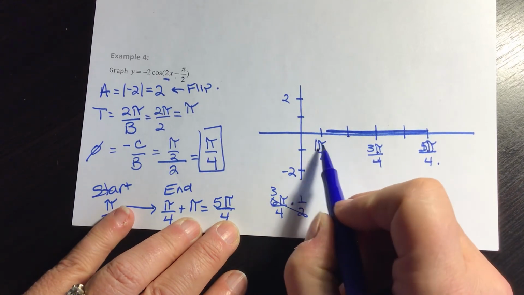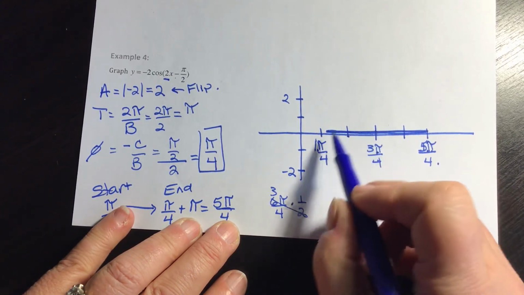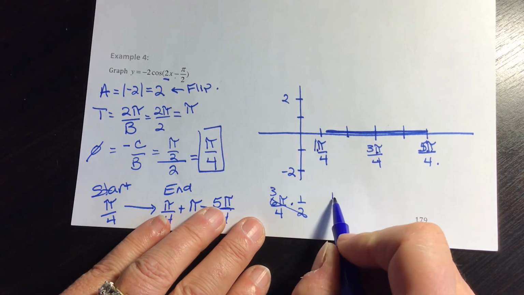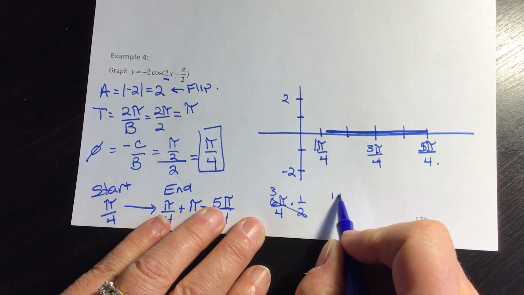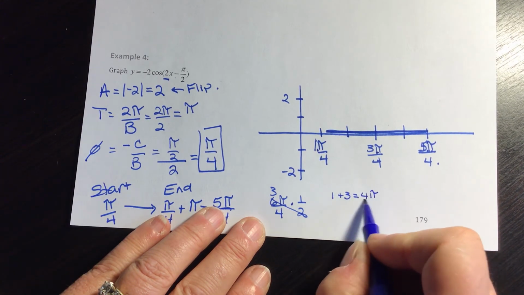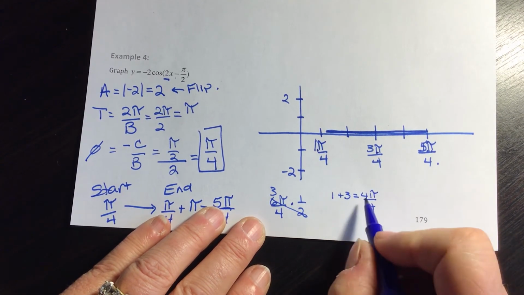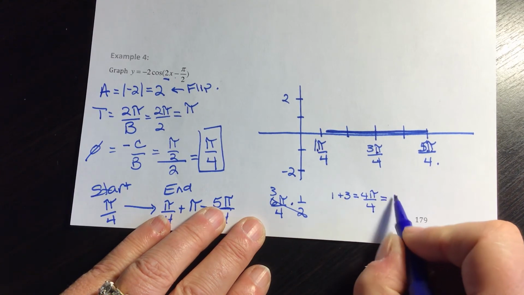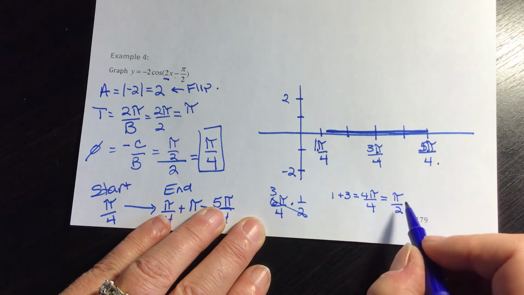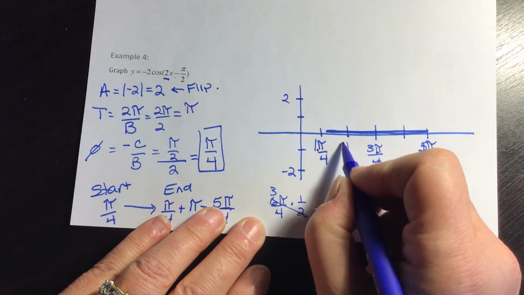So now I have halfway in between that. So I have 1 pi over 4 plus 3 pi over 4 is 4 pi over 4, and I'm going to divide that by 2. So this is pi. And if I divide by 2, I get pi over 2. So this is pi over 2.